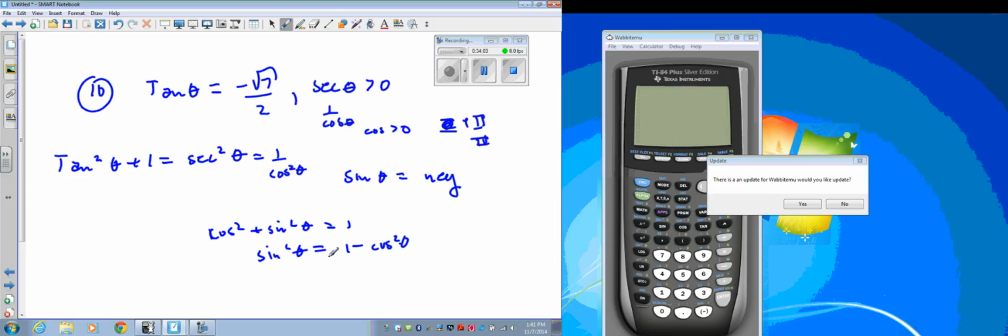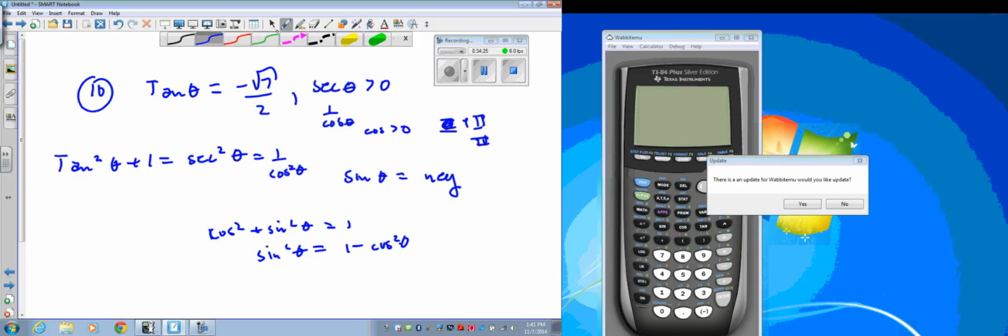And they're giving me tangent. The relationship I have is tangent squared plus 1 is secant squared. And secant squared is 1 over cosine squared. So I can find my cosine, and I can use this identity to find my sine. Correct? So that's what I'm going to do.